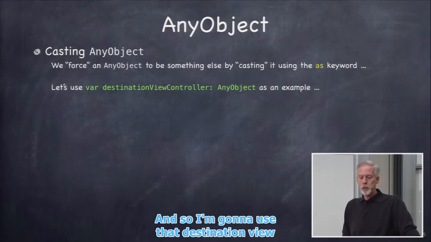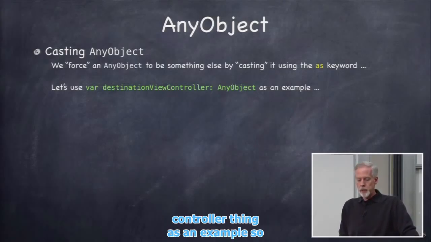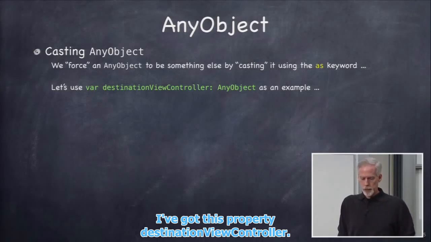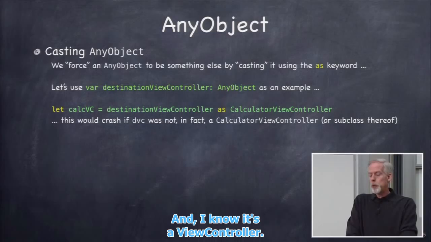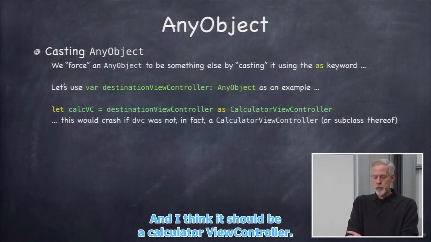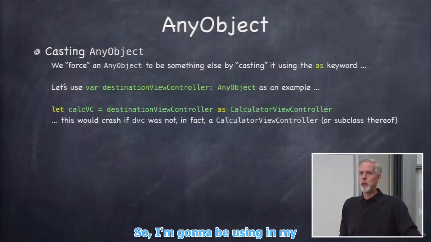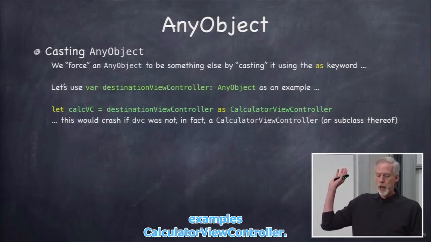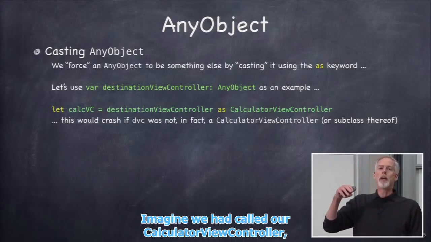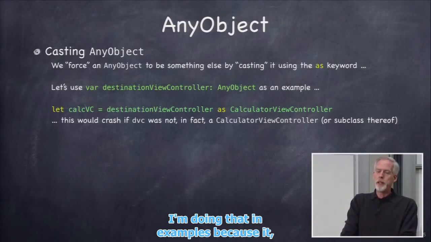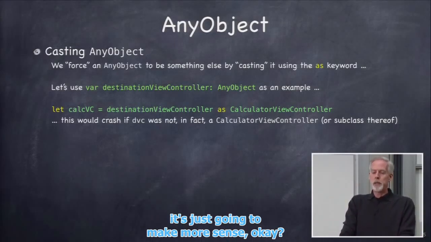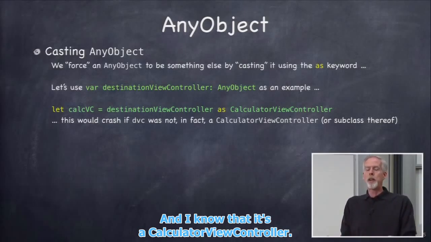And so I'm going to use that destination view controller thing as an example. I've got this property, destination view controller. It's an any object. And I know it's a view controller, and I think it should be a calculator view controller. So I'm going to be using calculator view controller in my examples. Imagine we had called our calculator view controller instead of view controller. I'm doing that in the examples because it's just going to make more sense. So I want to talk to this destination view controller, which is any object, and I know that it's a calculator view controller.